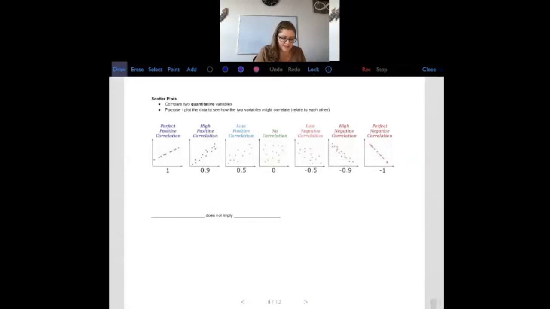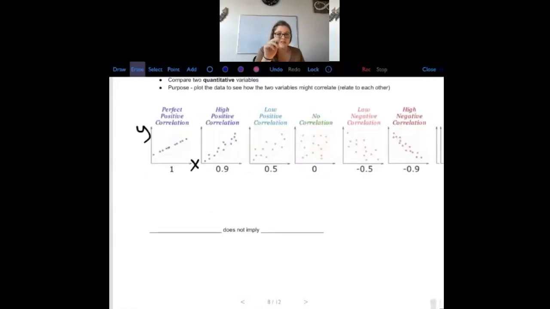So for instance, if you were to plot a value on the x-axis and a value on the y-axis, that point represents the ordered pair, or the two variables that we're talking about. In order to determine what type of correlation we have, you draw what's called the line of best fit through the data points. Essentially it's a straight line, y equals mx plus b, that gets as close as possible to all of the dots here.